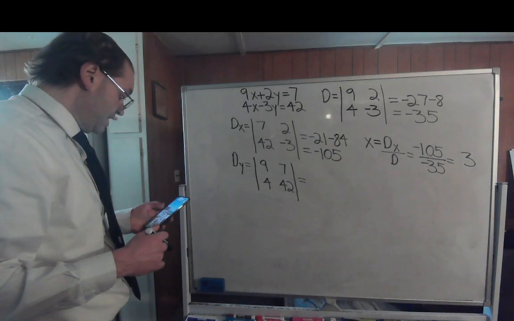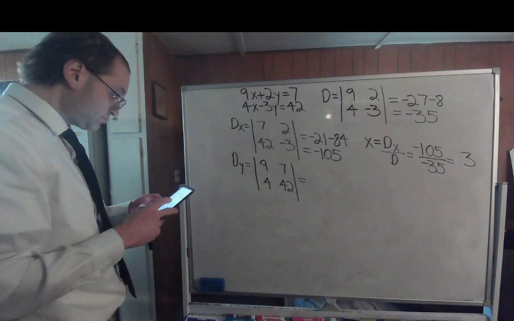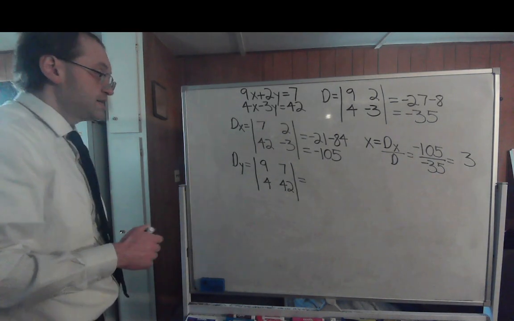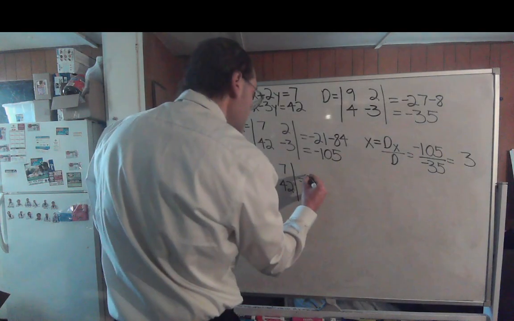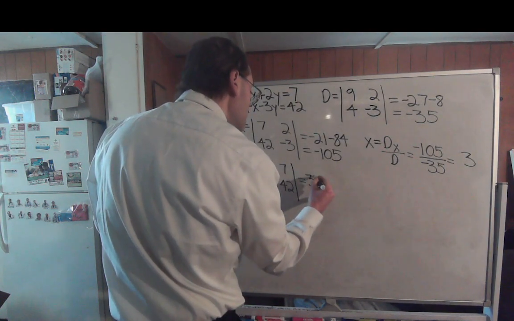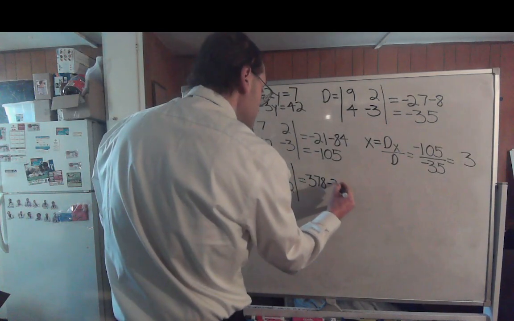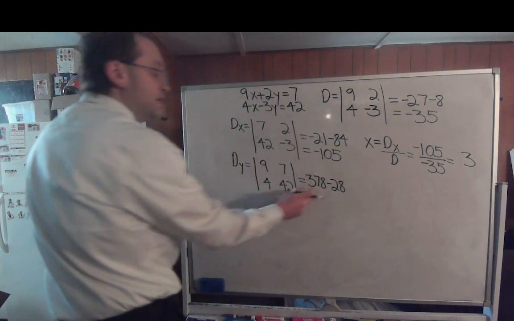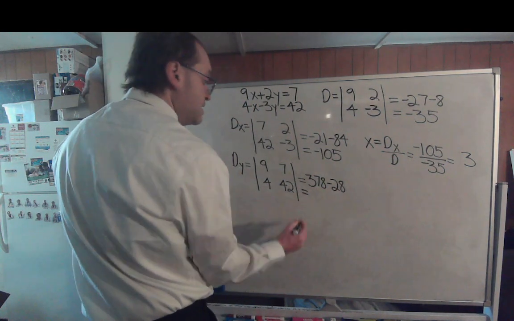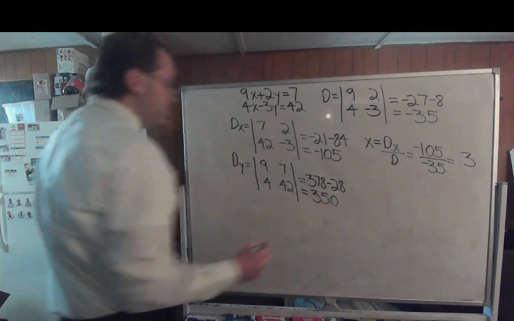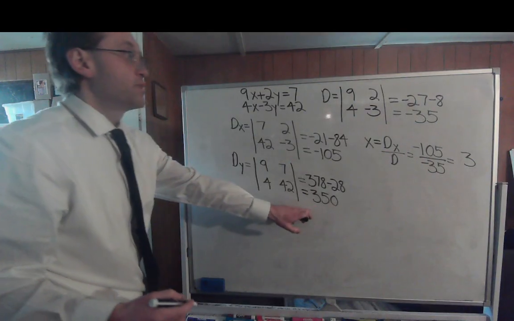Let's figure that out. 378 minus 7 times 4, that'd be minus 28. So 378 minus 28, that's going to be 350. So now we have a value of d sub y being 350.